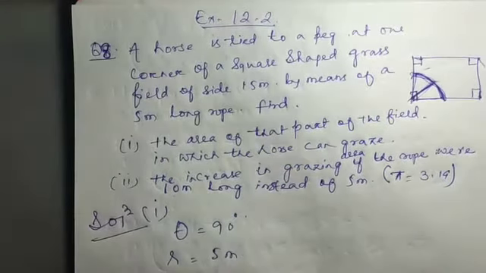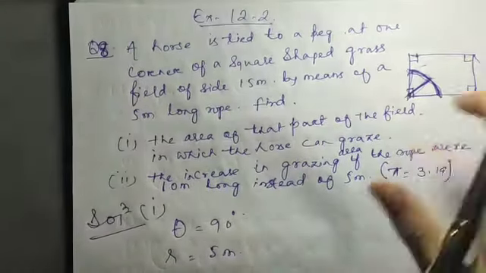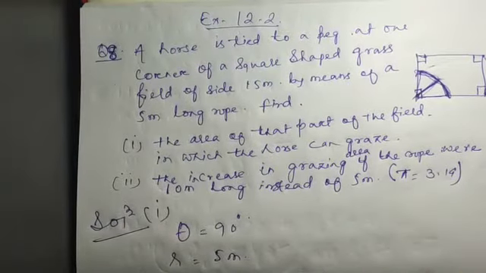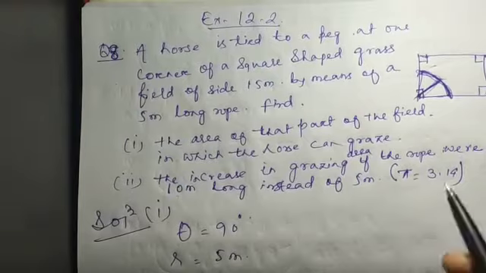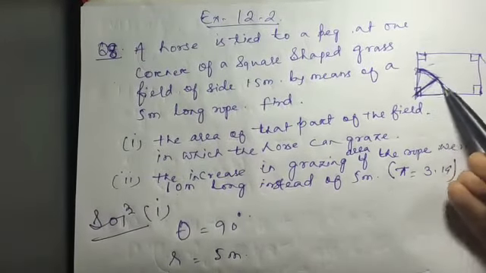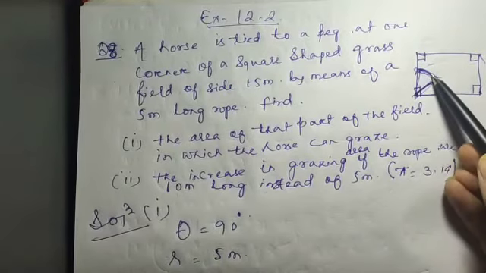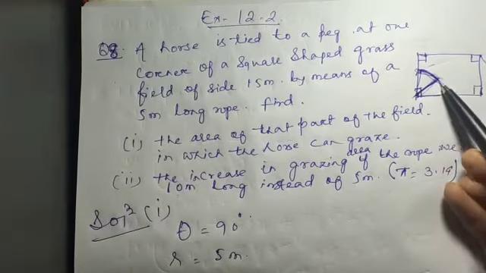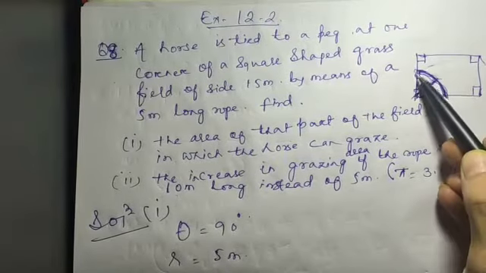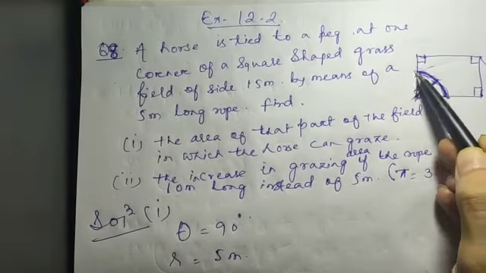Number 1. This field is filled up with grass. Now how much area of the grass can be grazed by the horse? Since the horse is tied with a 5 meter long rope, it can only move within the area which this rope allows, that means within this 5 meter radius.